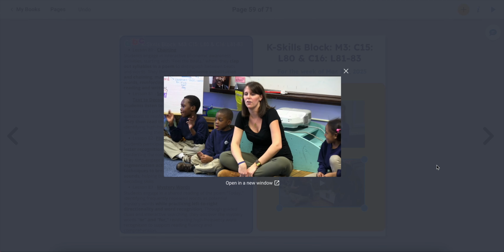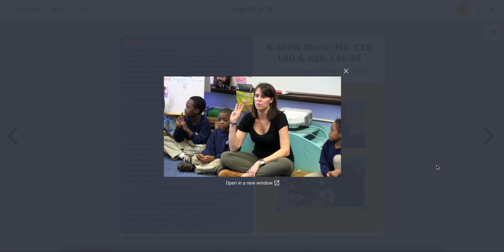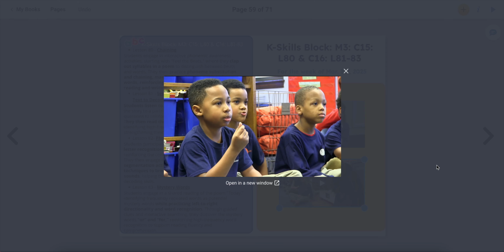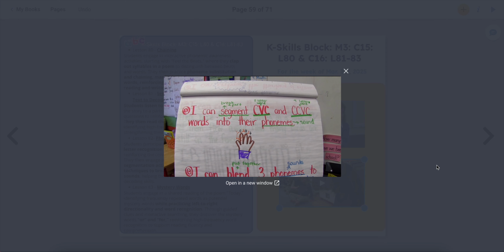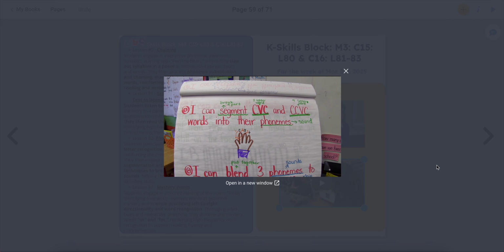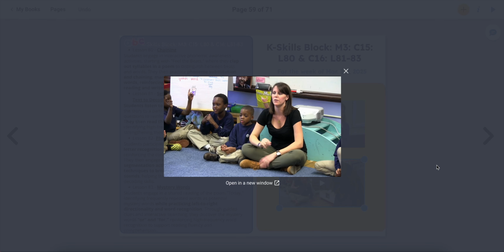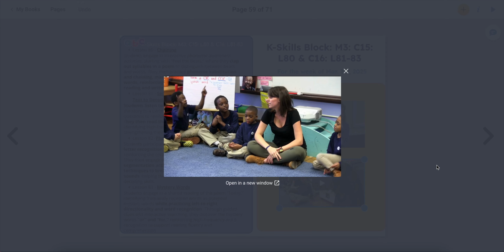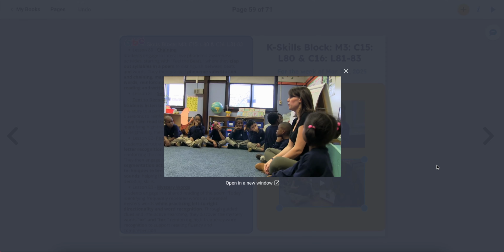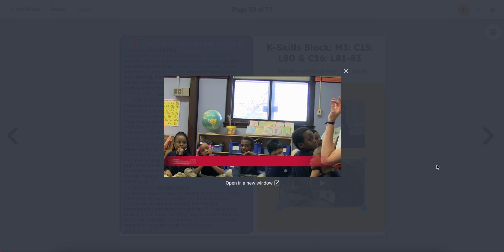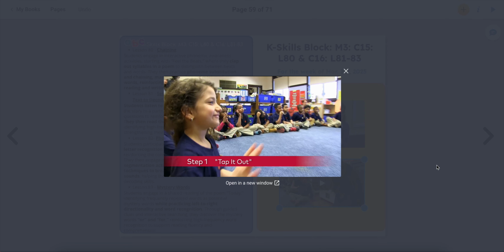Segmentation, to understand letter-sound combinations and how that helps them read and spell words. The ability to segment words into sounds is one of the most important contributors in helping children learn to read words during kindergarten and first grade. So we're going to do a little bit of practice. We're going to tap it out on our fingers. Remember how we tap it out.